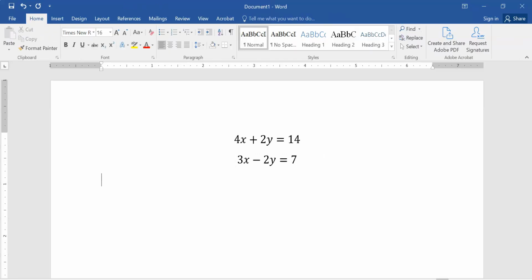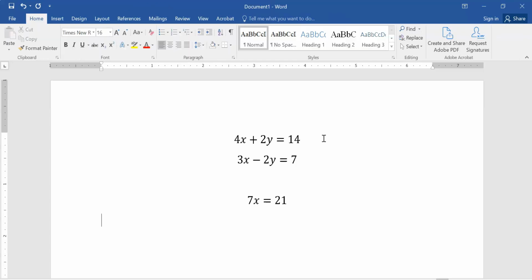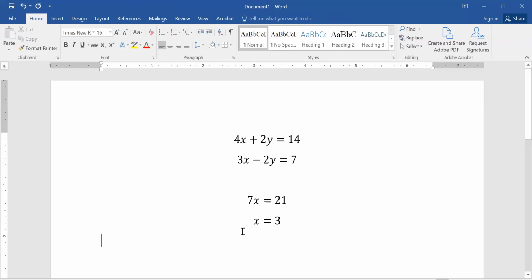Now, once I've figured this out, let me go through this again. We get 7x equals 21. When we added, we divided by 7, and we got x equals 3. Now that I figured out x equals 3, I can plug in 3 for this x or for this x and solve for the y.